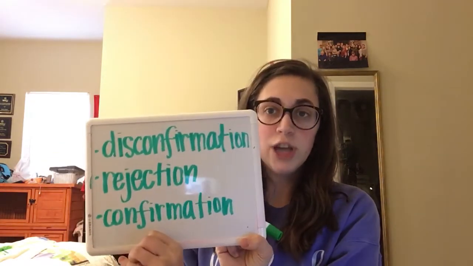This is different than our second term, which is rejection. Rejection is when you disagree with a person and you indicate your unwillingness to change your opinion to theirs. The easiest way to differentiate between the two is that when you're disconfirming someone, you are denying that person's significance.